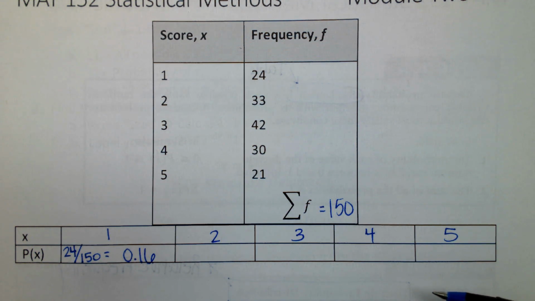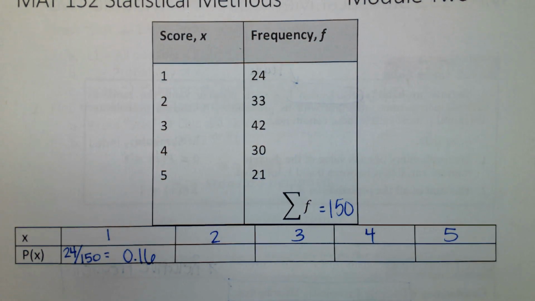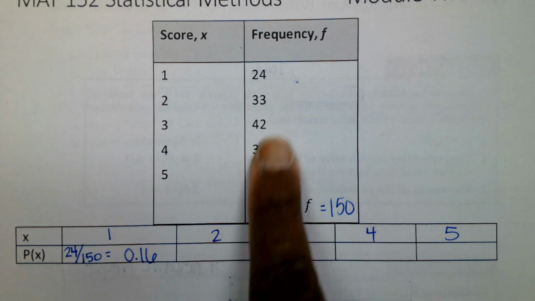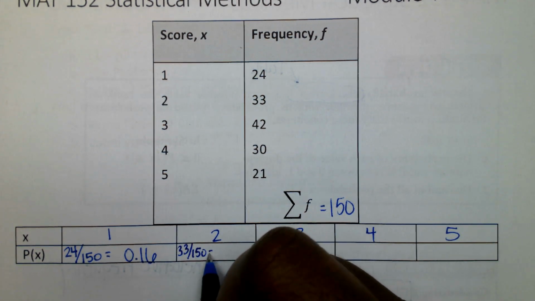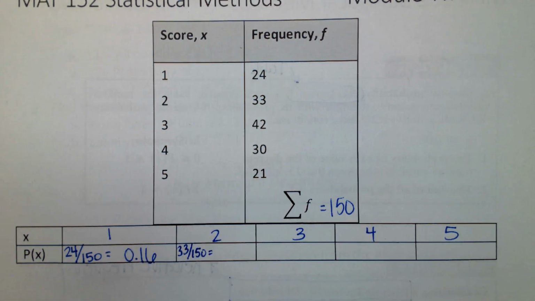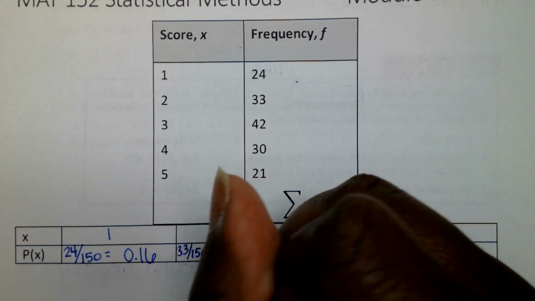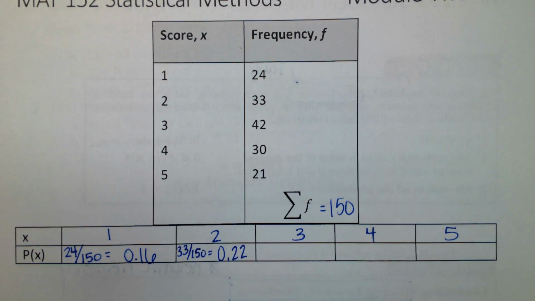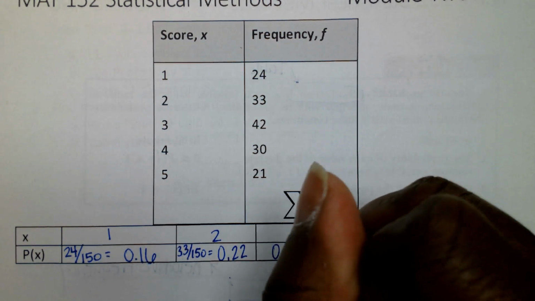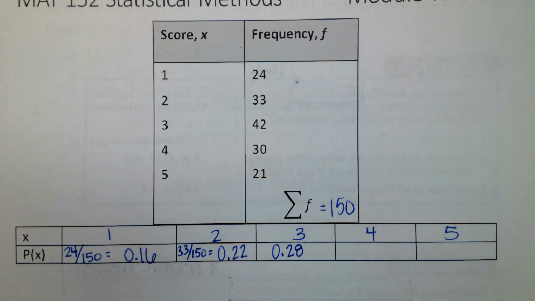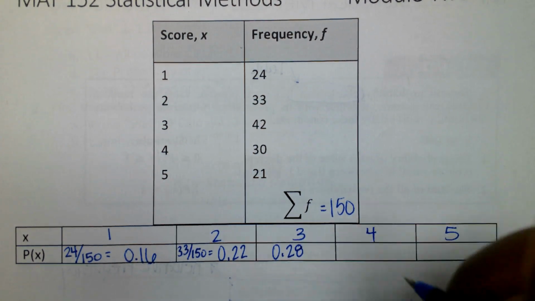But I'm going to do 3 for this section. So the next, 33 over 150. These are coming out to be really nice, clean numbers. So don't need 3. The next, what you got? The next.